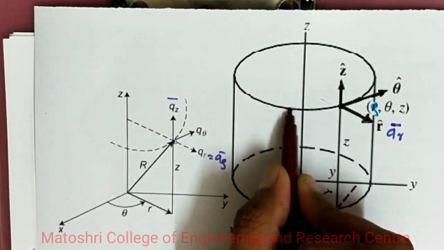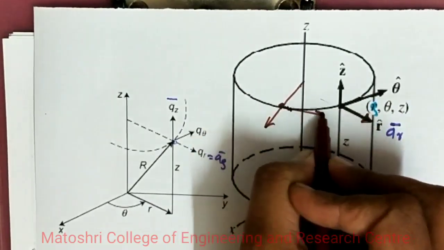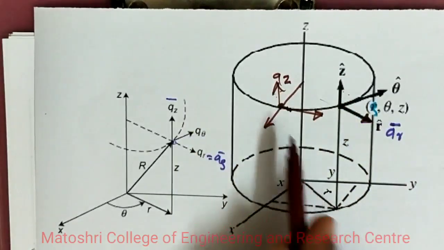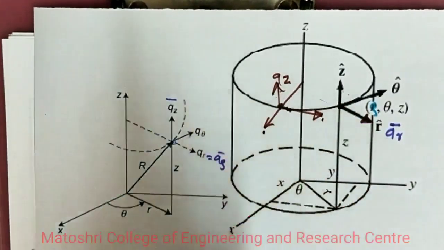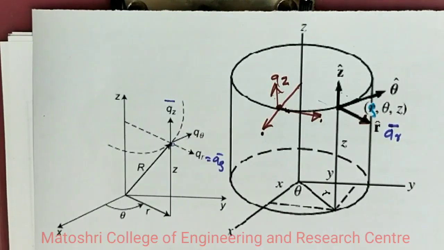Suppose your point P is at this location; then at this point there are new values of AR, A phi, and this is AZ. Only AZ remains the same, but AR and A phi change direction, because AR is always perpendicular to the surface of the cylinder, and A phi is always tangential to the surface of the cylinder. So we have the three unit vectors along the radius rho, then phi and z.